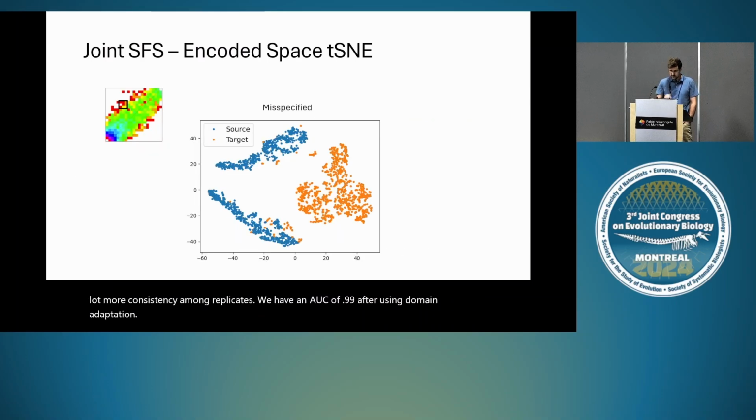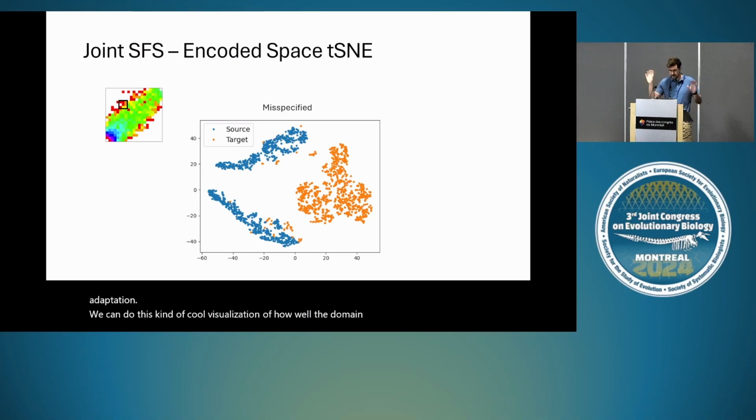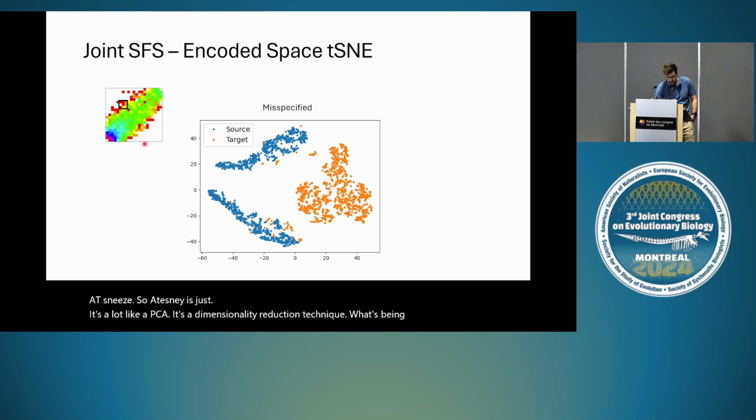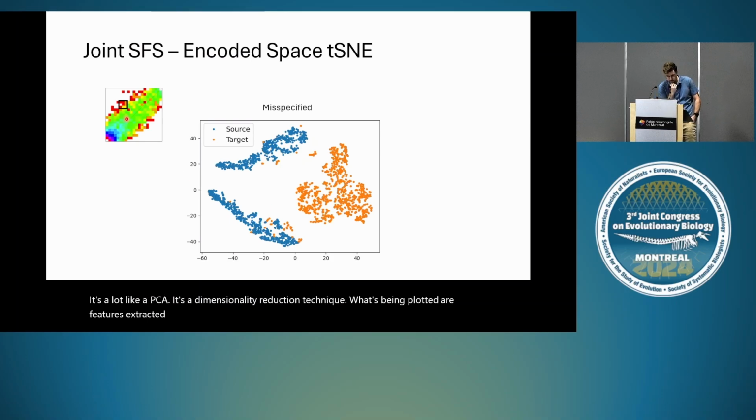We can do this kind of cool visualization of how well the domain adaptation is working to identify the shared features from these two domains by plotting the encoded features with a t-SNE. A t-SNE is a lot like a PCA. It's a dimensionality reduction technique. What's being plotted are features extracted by the convolutional filter in the CNN from the trained network.